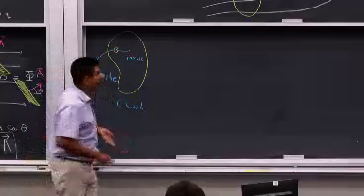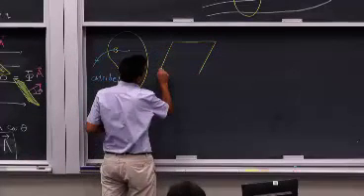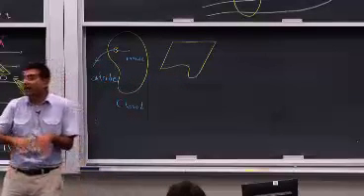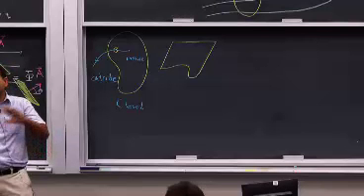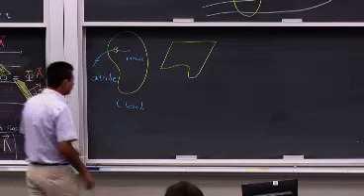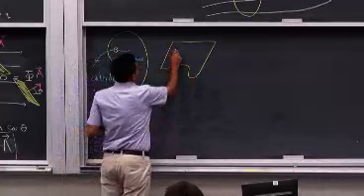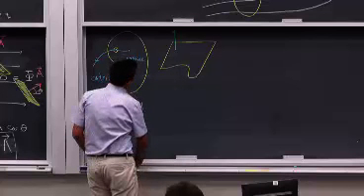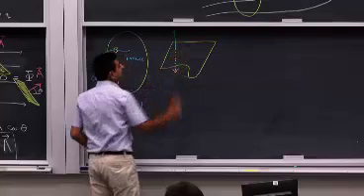However, if you have a surface like this, which doesn't have an inside and an outside, you can't define an inside and an outside for such a surface. This is called an open surface. If you would like to draw the normal to this surface at some point, one possibility is the normal can be drawn like this, but an equally valid possibility is that you could draw the normal on the other side.